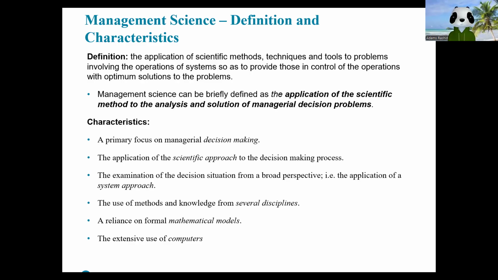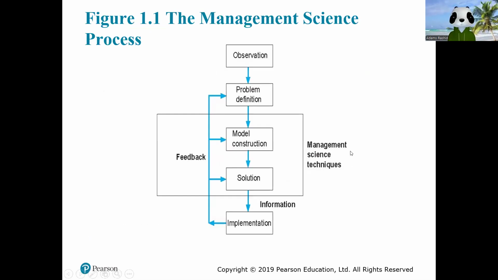In the management science process, the first stage is to observe. You can observe using instruments, electronic instruments, like drones, satellite, and other scientific equipment, or you can observe by your human senses.